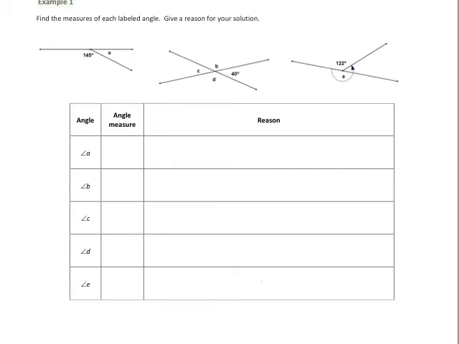So the first one, angle A. Angle A and 145 form a linear pair, and linear pairs add to 180 degrees. So if you subtract 145 from 180, you're going to end up with 35 degrees.